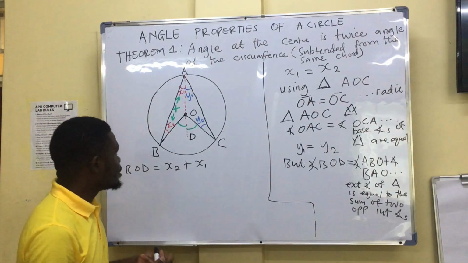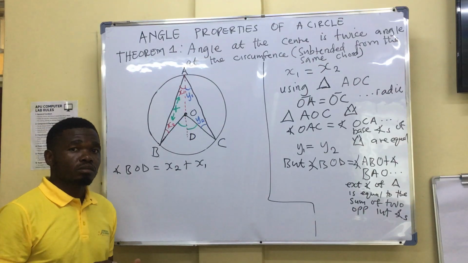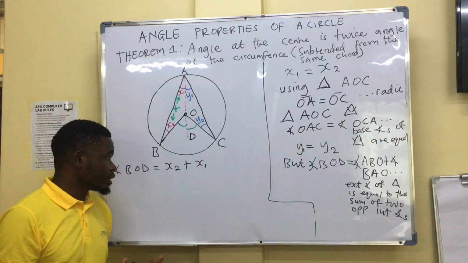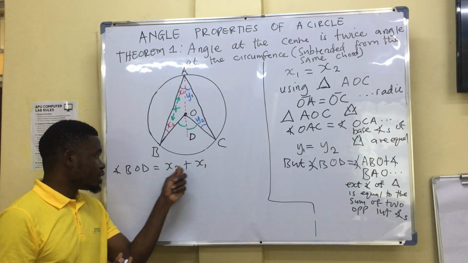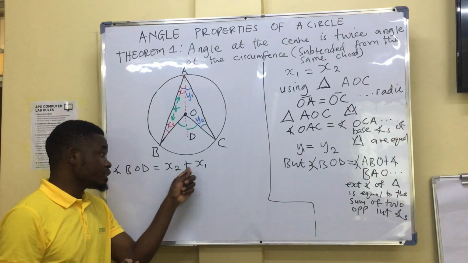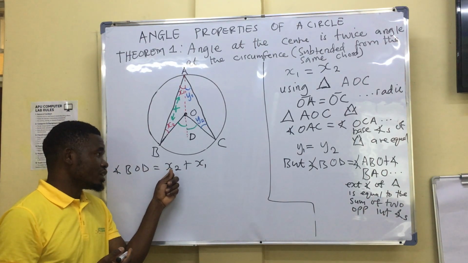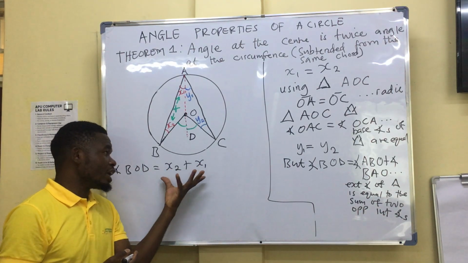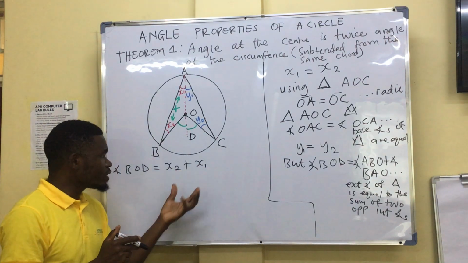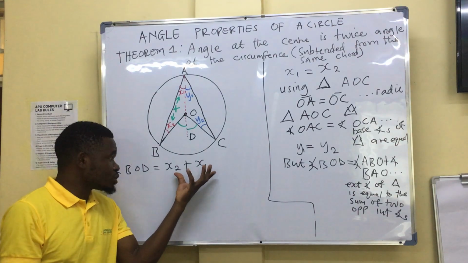But remember, this triangle is an isosceles triangle. Base angles of an isosceles triangle are equal, right? Meaning that if this angle is 50, this angle is 50 as well. If it's 60, this angle is 60 as well. So if you add them, we'll get 120, right? What if you just take one angle and multiply by 2? We'll get the same answer.